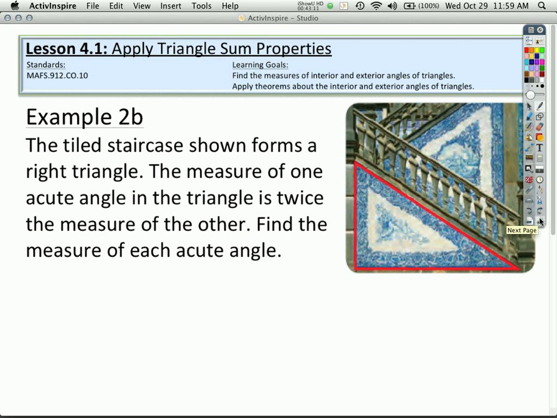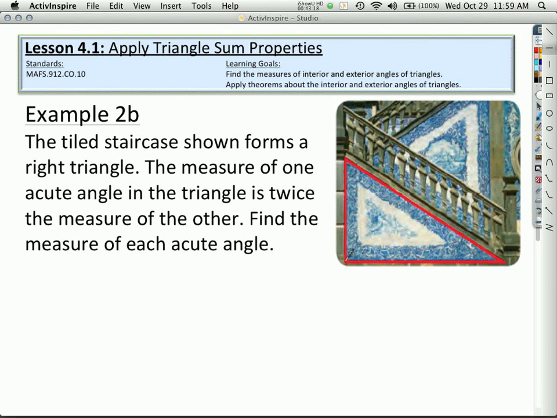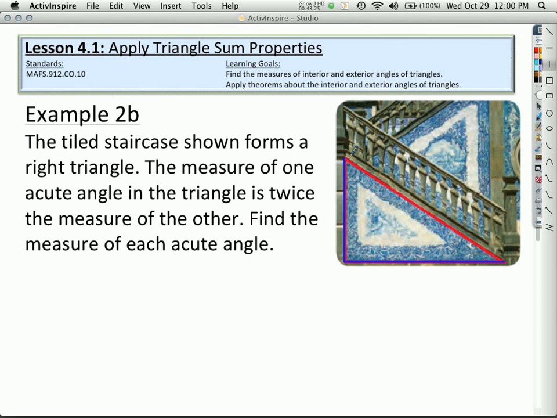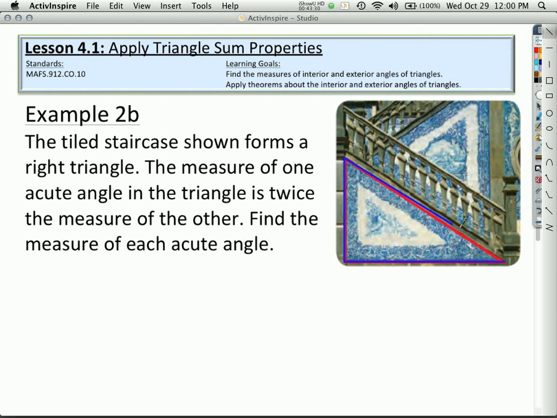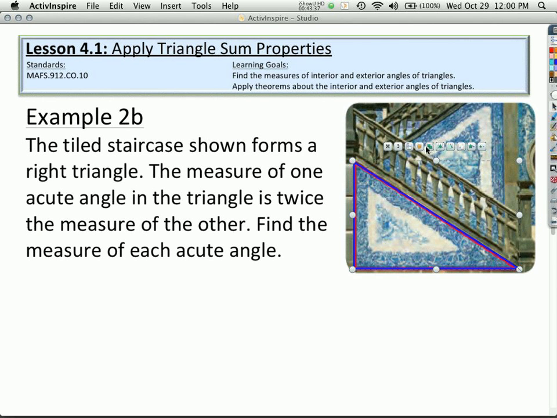Unfortunately, my picture didn't translate because I'm still having this projector issue, so let me add a couple things in so that you can see it more clearly. But of course, you're reading the text of the question. So this is a staircase.